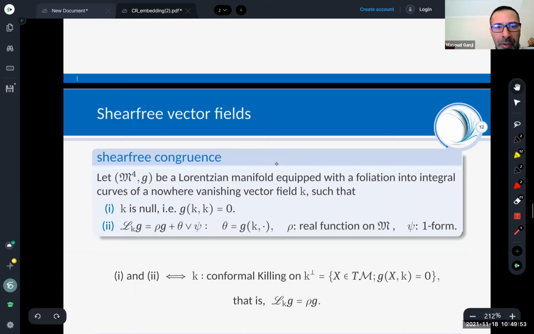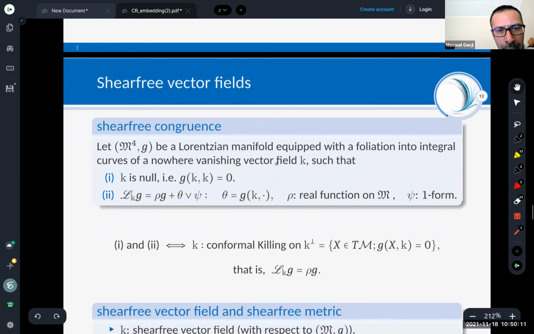So you have a four-dimensional Lorentzian manifold, with a non-vanishing vector field K, which is null with respect to the Lorentzian metric G. And having this condition, it is almost conformal Killing. So we have a symmetric product, this form phi.